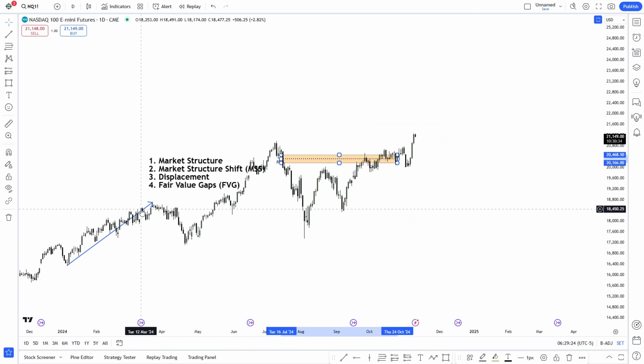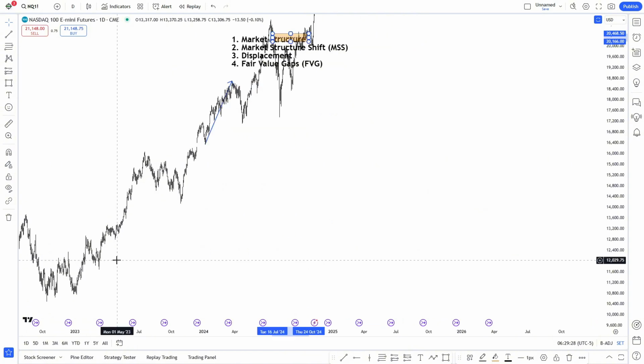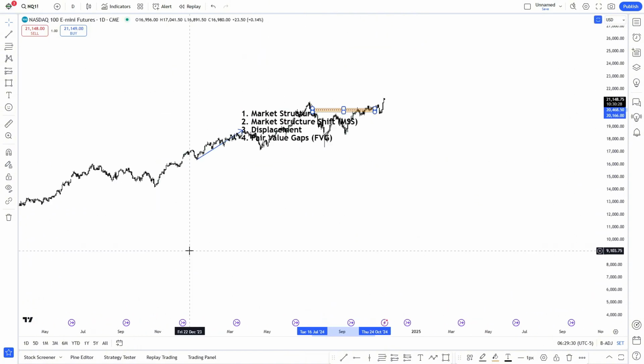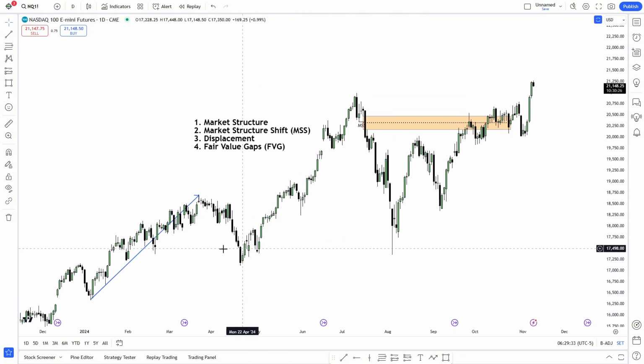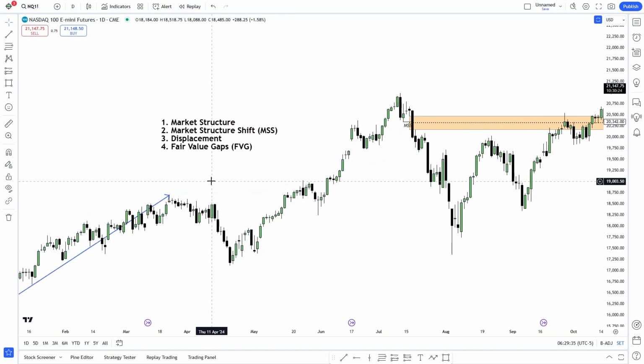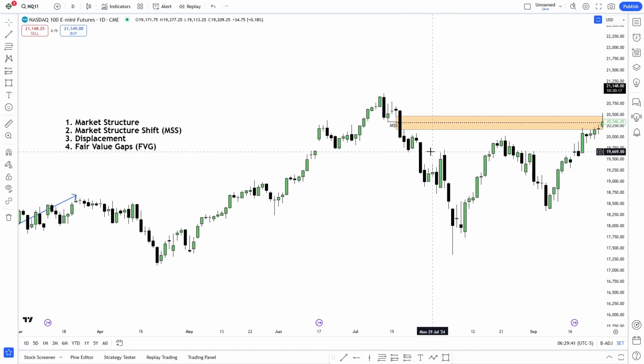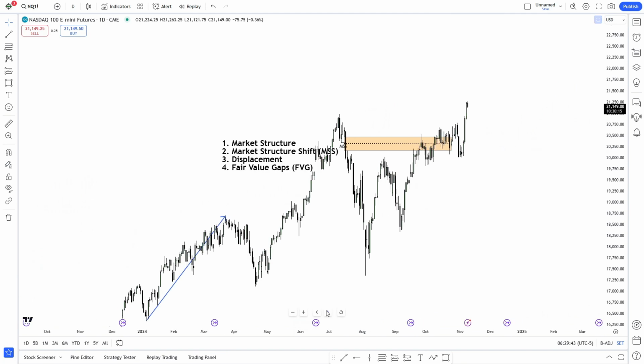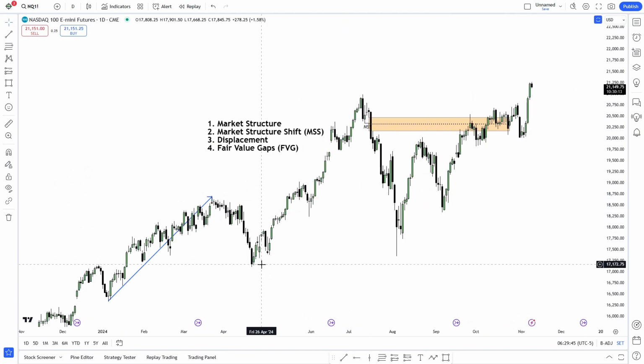We went down temporarily as a retracement, part of this larger uptrend. So you need to understand what environment you're in. Not always are you going to have a prolonged downtrend. You might have a market structure shift, but it might just be temporary, just a retracement of the current overall larger bullish uptrend.